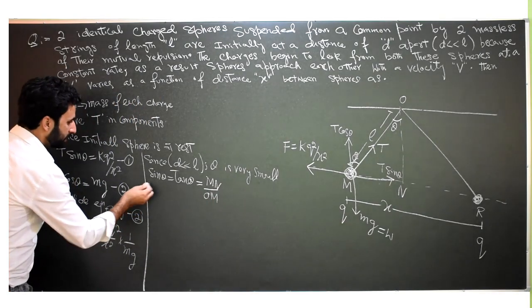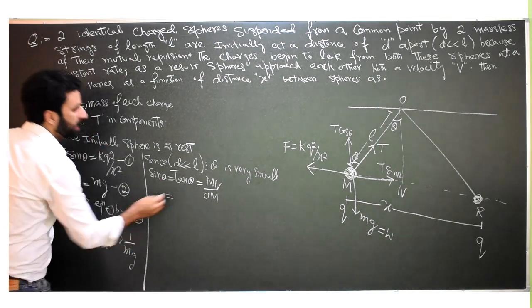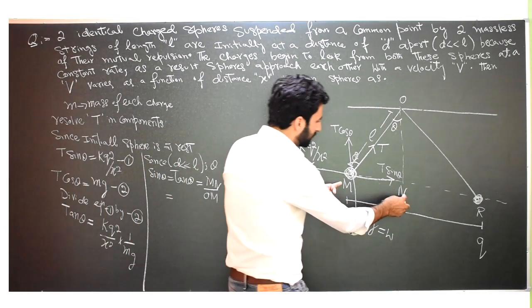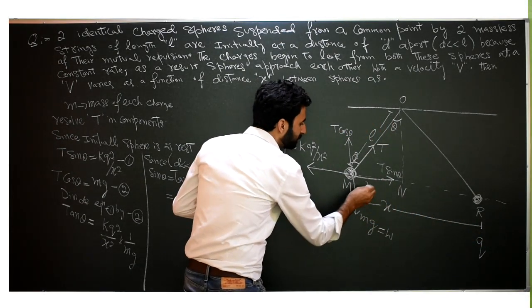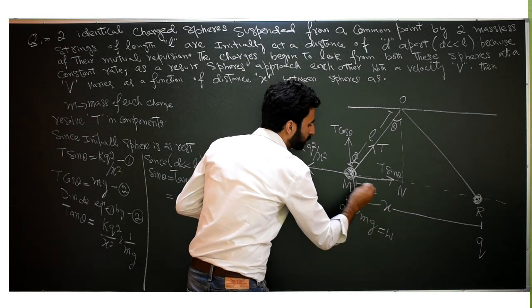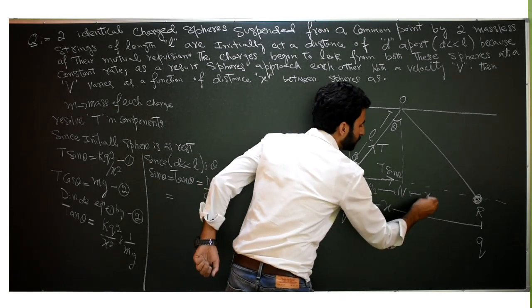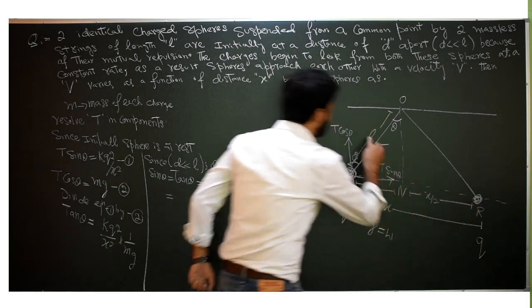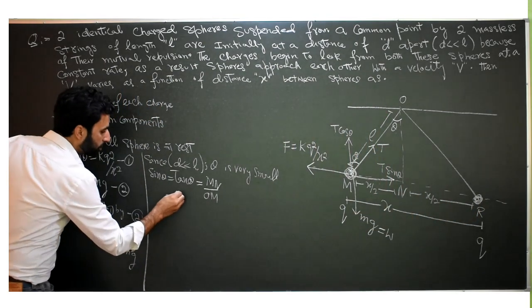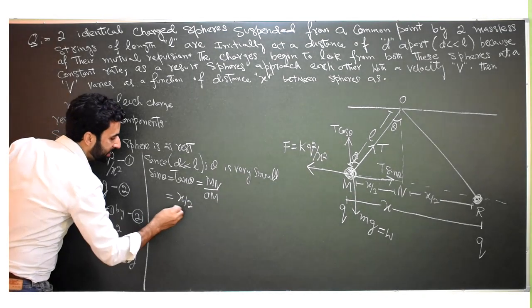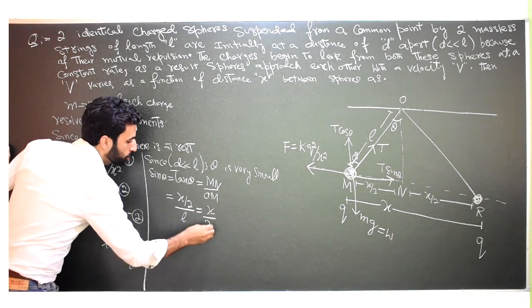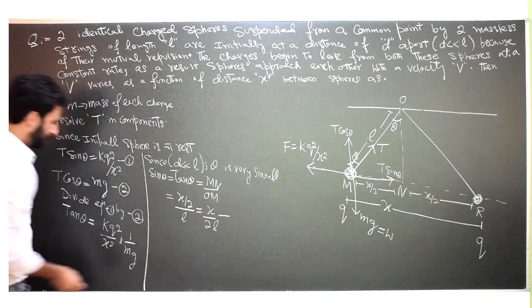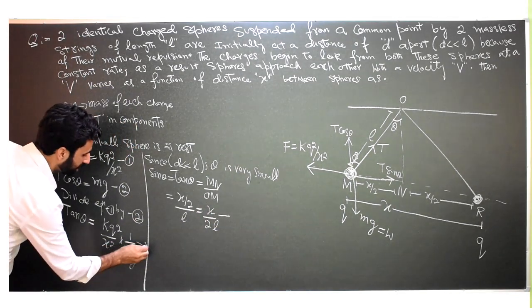Total here is x, so MN will be equal to x by 2, and this much will also be x by 2. And this is equal to L. So this will be equal to x by 2 divided by L, or x by 2L. Let's call this equation 4, and the earlier one was 3.